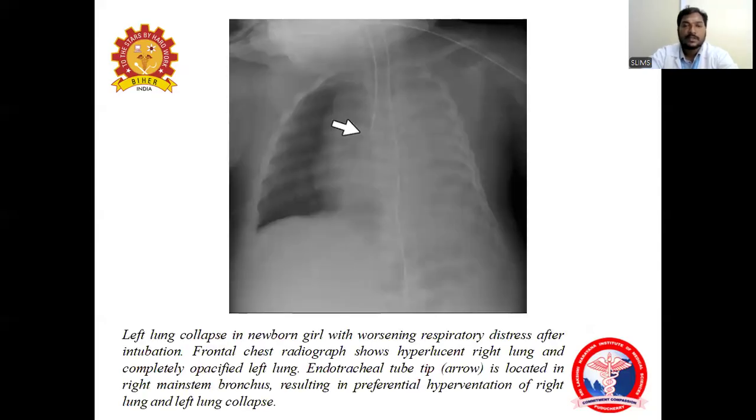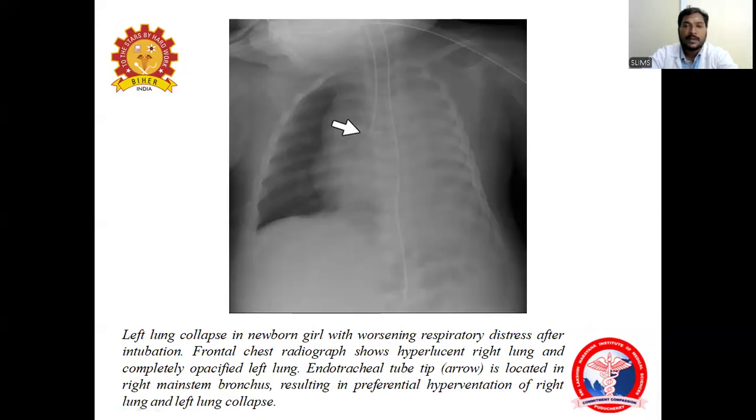So this is the chest X-ray of left lung collapse in a newborn girl with worsening respiratory distress after intubation. This frontal chest radiograph shows a hyperlucent right hemithorax and a completely opacified left hemithorax.